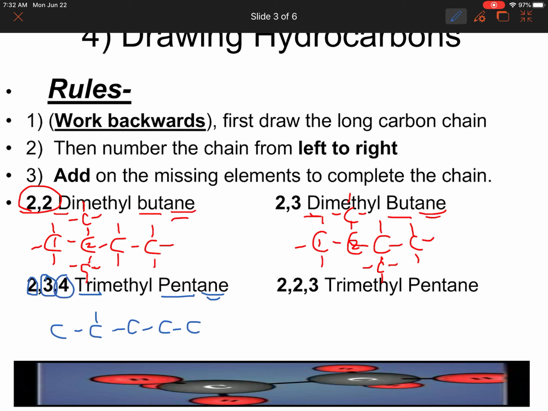So 1, 2, 3. I can put it on top or bottom, doesn't matter, guys. I'll put it on bottom. And 4. Don't forget the sticks to represent hydrogens. Every carbon needs 4 bonds around it. If you're missing a hydrogen, you're wrong. 2,3,4 trimethylpentane. Okay, hit pause. Try yourself.